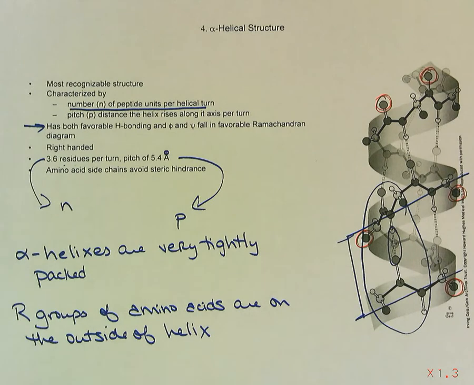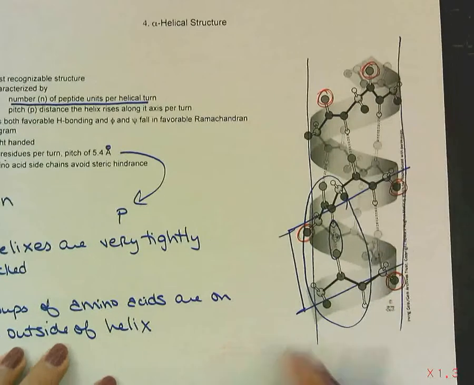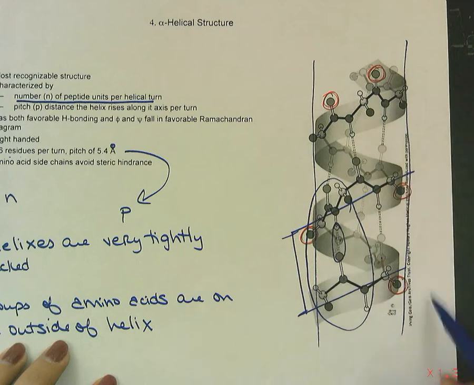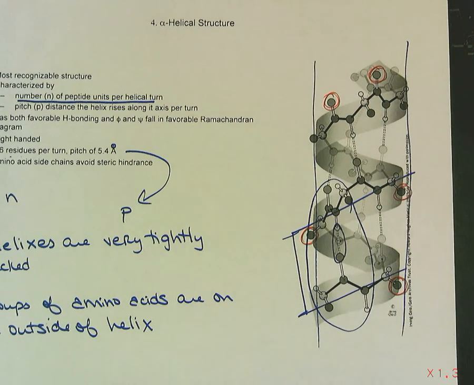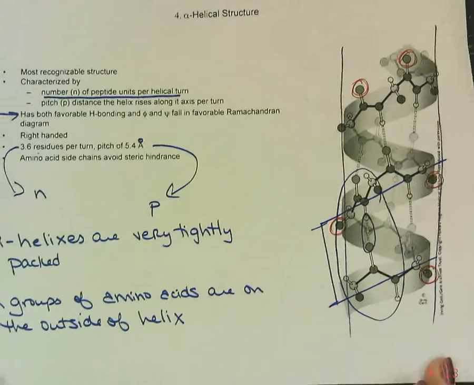So the R groups of amino acids in the alpha helix are on the outside of the helix. If that's the helix, the R groups are on the outer edges, either pointing out to the sides or front and back, however you are thinking about your helix.